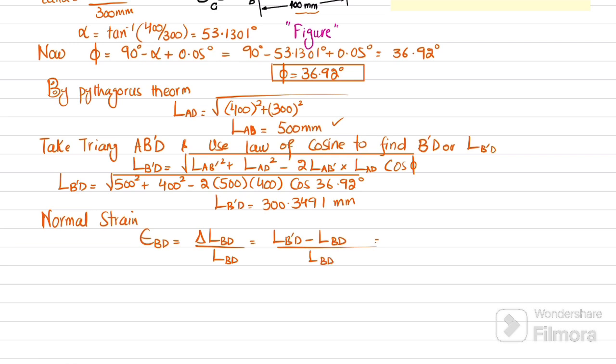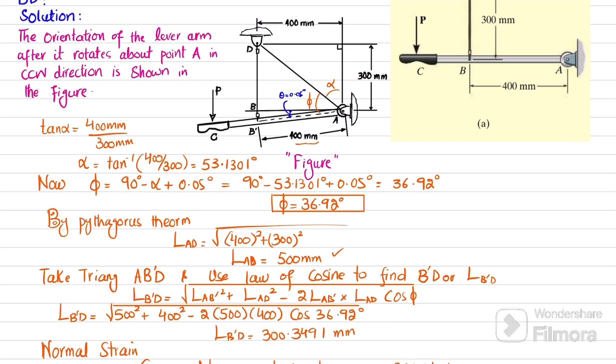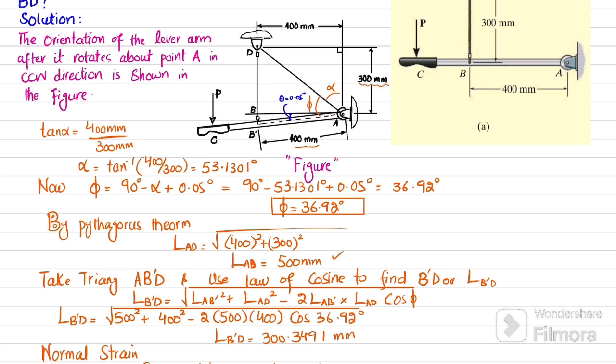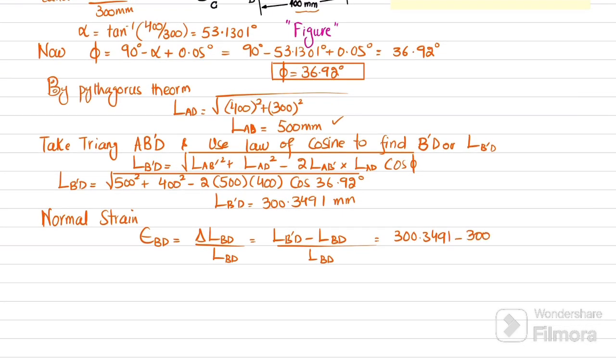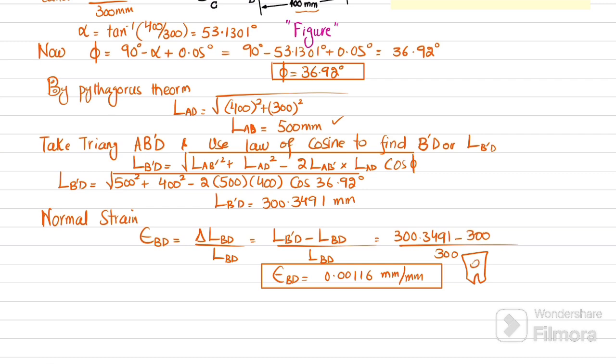So final length, our new length, was 300.3491 minus original length. You can check it here. This is 300 millimeter. So minus 300 divided by this 300 will give you the strain in wire BD, which comes out to be 0.00116 millimeter per millimeter, or it will be a dimensionless quantity. Okay, so this is the answer of our question.